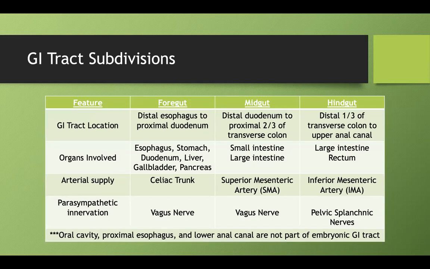And again, here are our GI tract subdivisions that I've shown you a few times now. We have our foregut, midgut, and hindgut, but we definitely had regions here that were not part of our embryonic GI tract. And all these regions are prone to squamous cell carcinoma instead of adenocarcinoma.